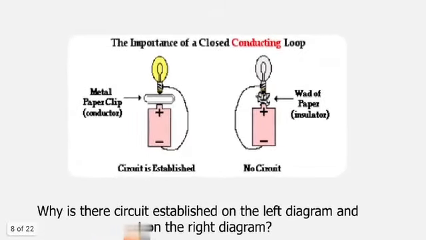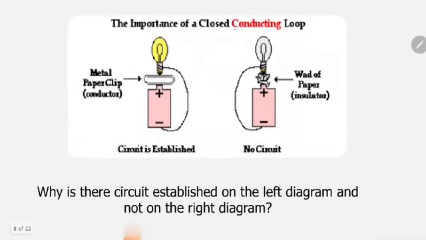Make sure also that the loop is conducting, or your wires rather, in other words, is a conductor. That means that it allows flow of charges, right? Now this one, the circuit is established because between the base of the light bulb and the positive terminal, there's a paper clip, which is metal.